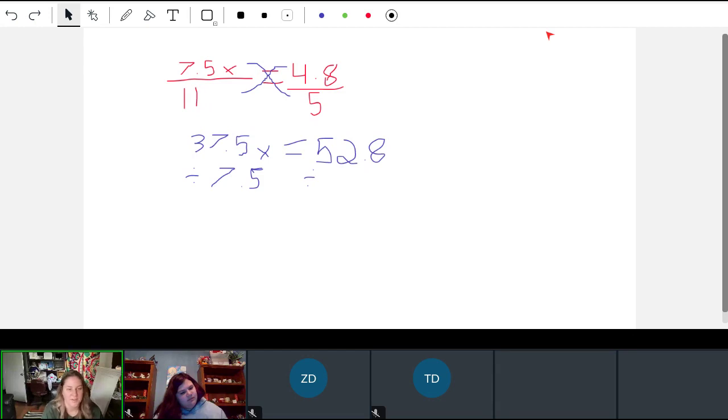That's 37.5. But yes, you're right. That's what we need to divide on both sides by. 37.5. Add a little 3 right here. Okay, so and on this side, 37.5.